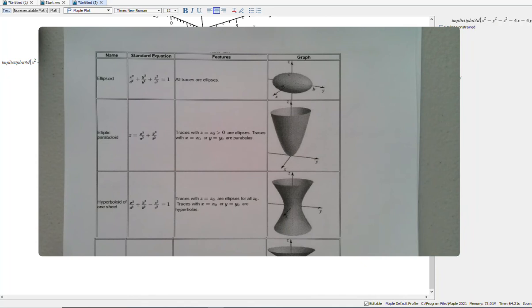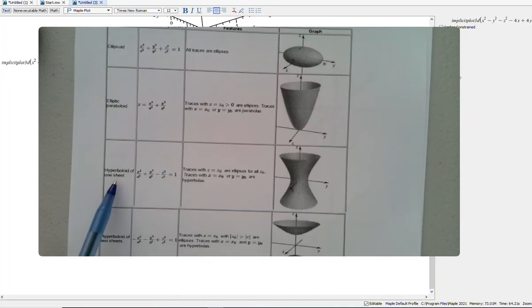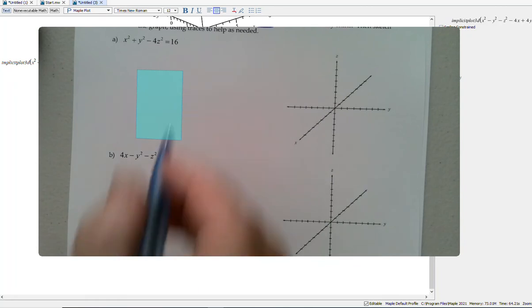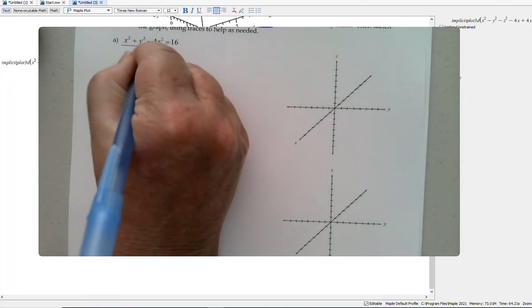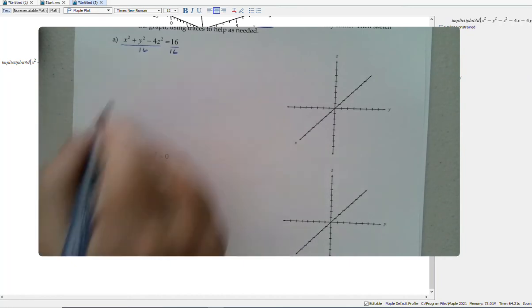Looking at my list, I'm kind of interested in this one right here, the hyperboloid of one sheet. Notice the x and y squared terms are positive and the z squared term is negative. So it seems like a pretty good fit for what I have. I will note, however, that the right-hand side is 1. So to get it to be a really good match, I'm going to go ahead and say, let's just divide everything both sides by 16, trying to create that 1 over here on the right-hand side.